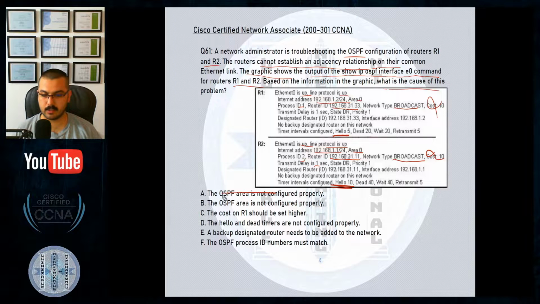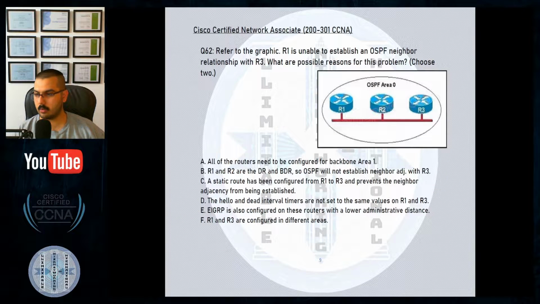Okay, so OSPF is configured properly. Cost will not affect that. Hello and dead timers are not configured properly. Yes, that is the only one that we can use. That will be D. Okay, question 62.